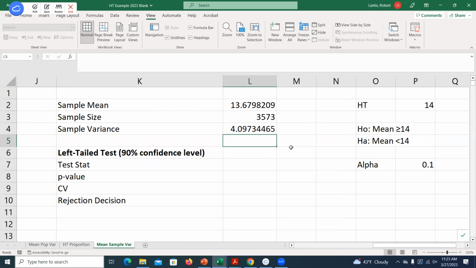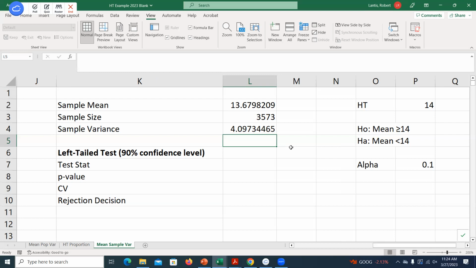I've got this idea where I'm asking, how young are people trying these e-cigarettes? I'm going to want to see if the true mean age that someone first tries an e-cigarette is less than 14, right? That's what I want to test for. So I assume the opposite is true, or my null hypothesis would be that the true mean age is greater than or equal to 14.